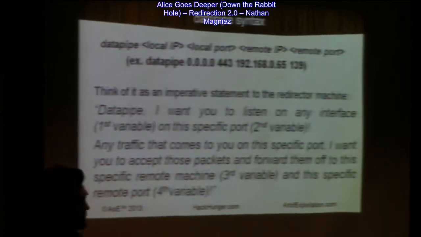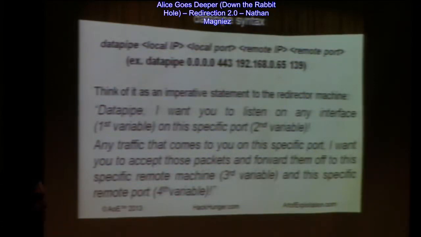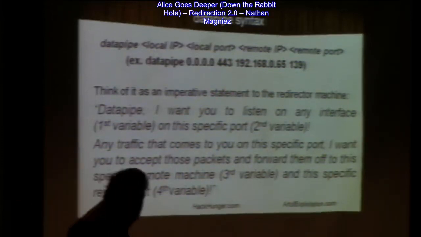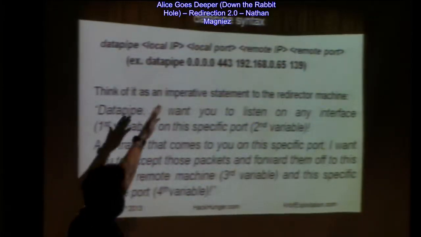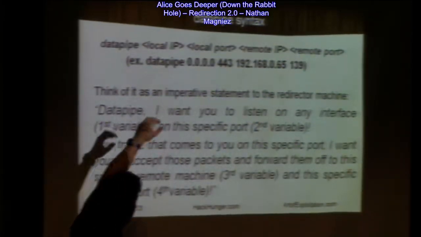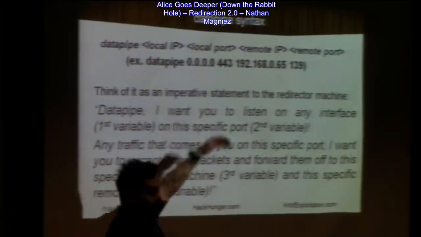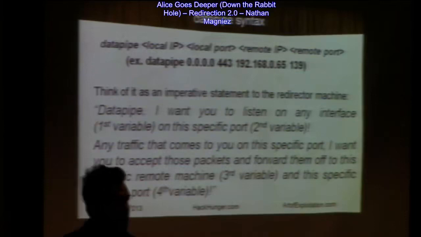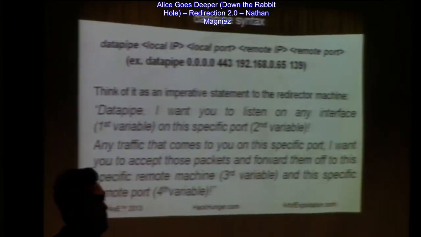So here's the syntax for DataPipe. It's relatively simple, and just like any command line syntax, you can think of it as an imperative statement. DataPipe, I want you to go ahead and listen on this interface, on this machine, on this specific port, and then redirect it off to another target. So just like when we fire up our web browser and go to hidemyass.com, we tell him where to go, right?